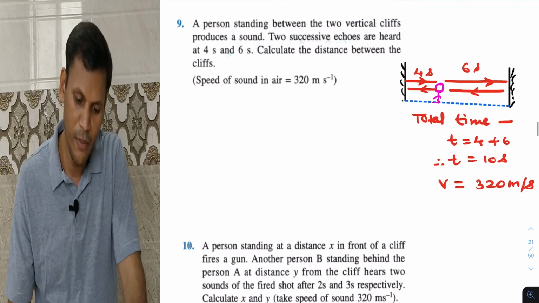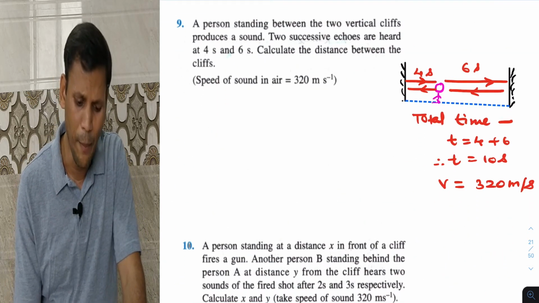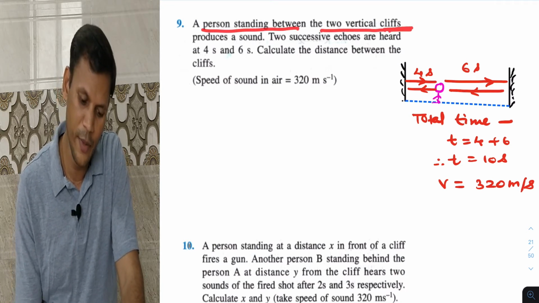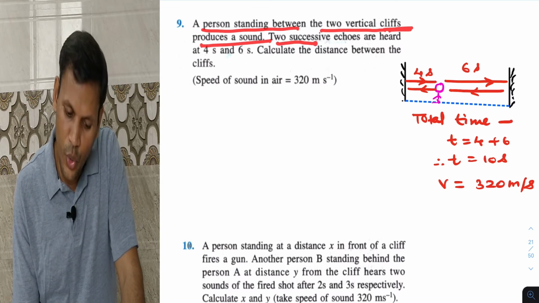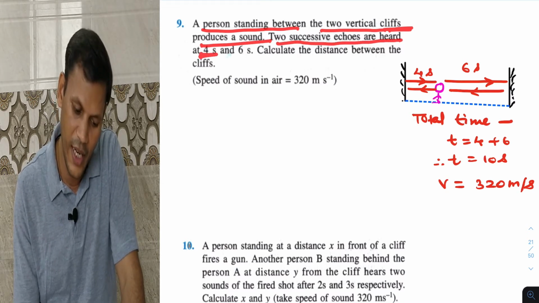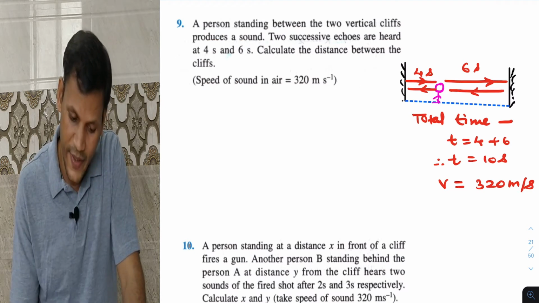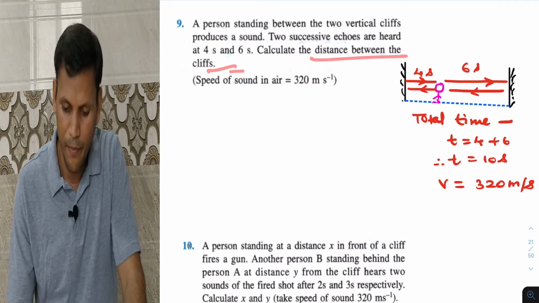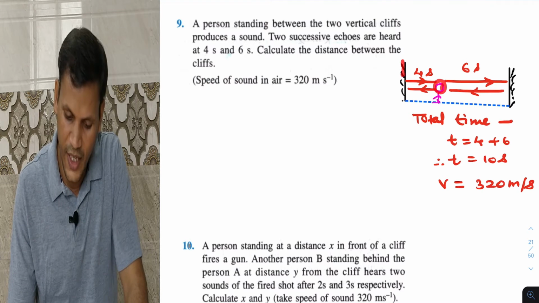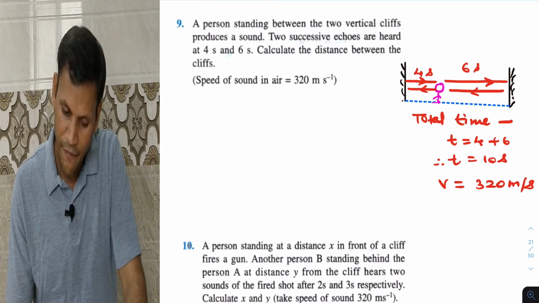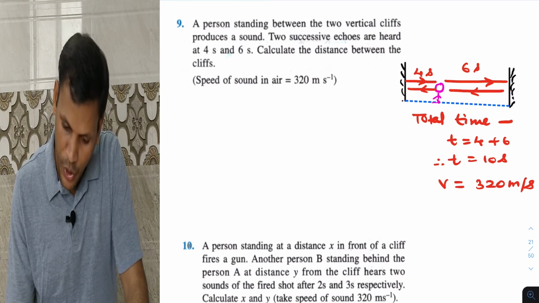Next, question number 9. A person is standing between the two vertical cliffs, produces a sound. 2 successive echoes are heard at 4 second and at 6 second. Calculate the distance between the cliffs. So this is the person who is standing between two parallel cliffs and he produces a sound.